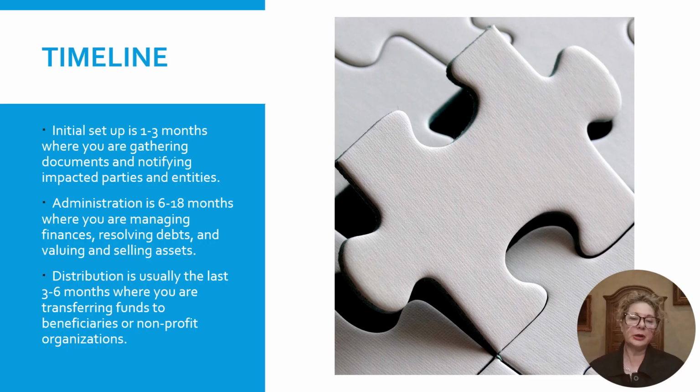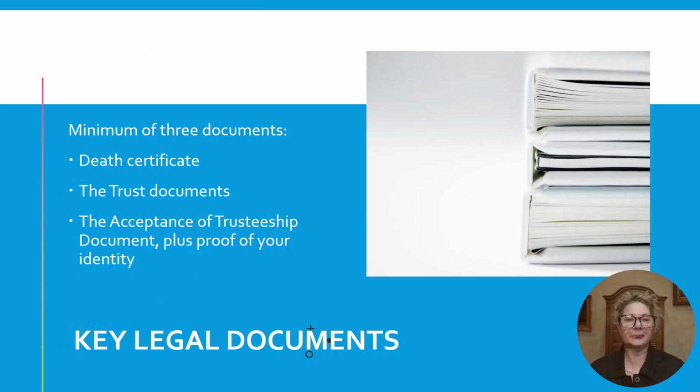Administration is usually six to eighteen months, where you're managing finances, resolving and paying debts, and valuing and selling assets in the trust. Distribution is usually the last three to six months of this process, where you are transferring funds to beneficiaries or any nonprofit organizations as directed by the trust documents.